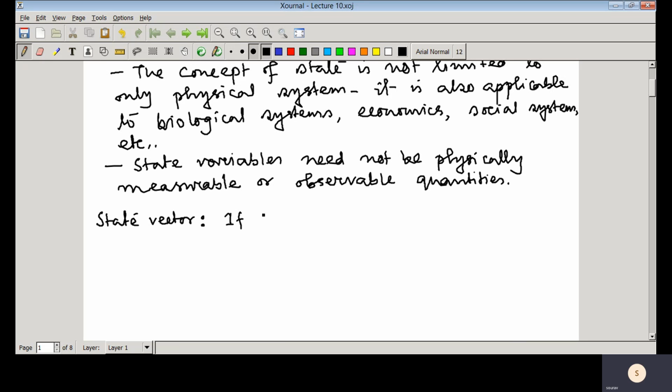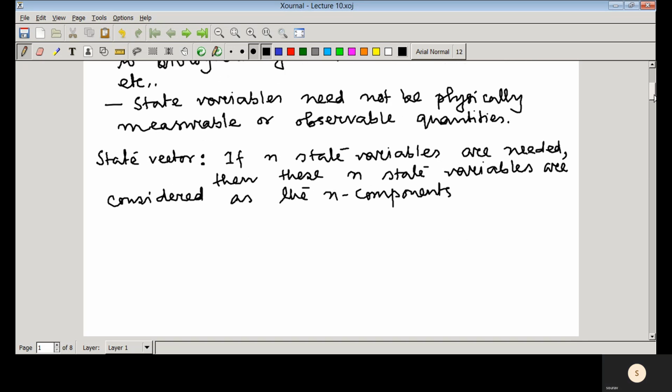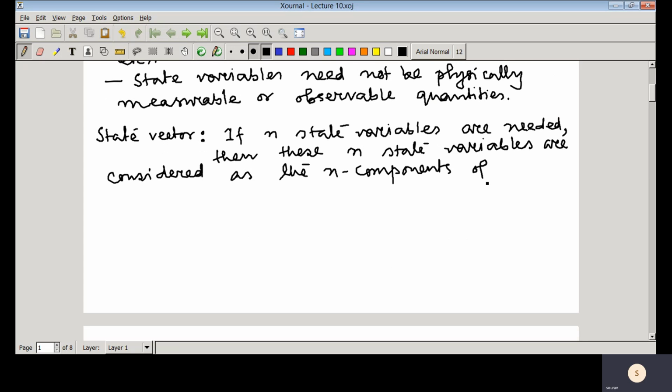So suppose if n state variables are needed to describe the dynamical systems completely, then these n state variables are considered as the n components of a vector x.